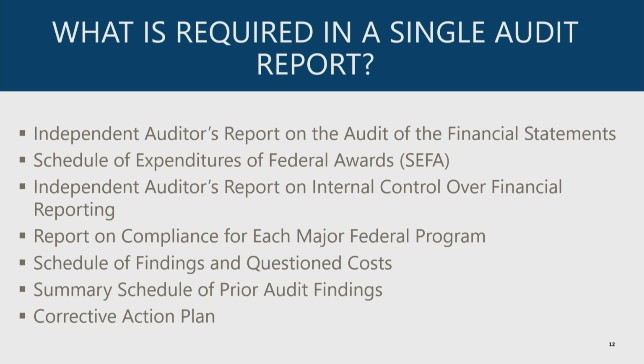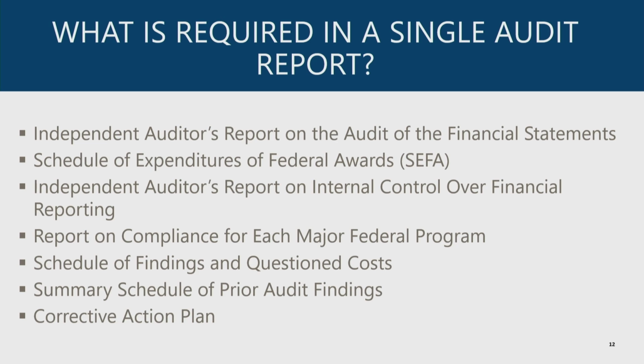An independent auditor's report on internal control over financial reporting and a report on compliance for each major federal program is also required. These reports indicate all material weaknesses or significant deficiencies in internal control, as well as any instances of non-compliance with the uniform guidance.